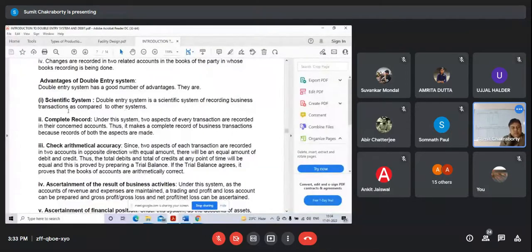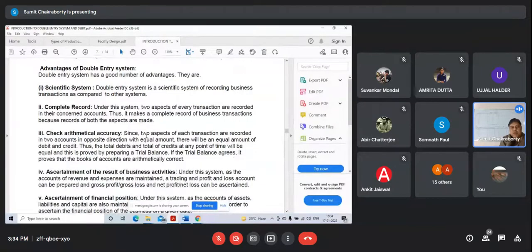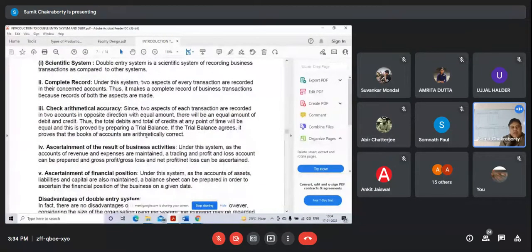Advantages. It is a scientific system of recording business transactions as compared to other systems. Complete record. Under this system, two aspects of every transaction are recorded in their concerned accounts. Thus, it makes a complete record of the business transactions because records of both the aspects are made.